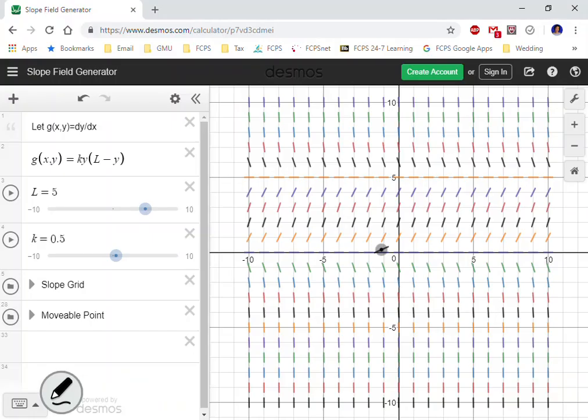So if it's here, like they'll always give you an initial condition right here. That's going to be your initial condition. And then this is your L, so it's your limiting capacity.